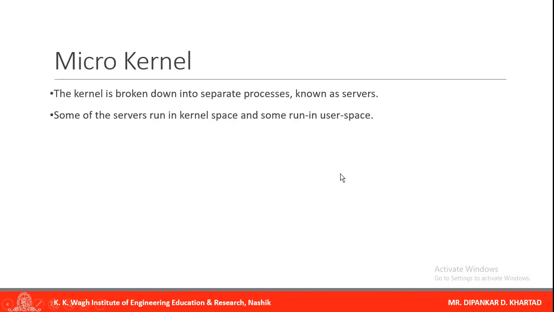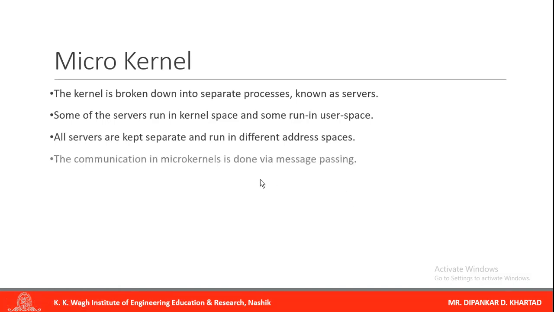You know there are two spaces: first one is user space and second is kernel space. So some servers of microkernel run in user space and some in kernel space. All servers are kept separate and run in different address spaces.